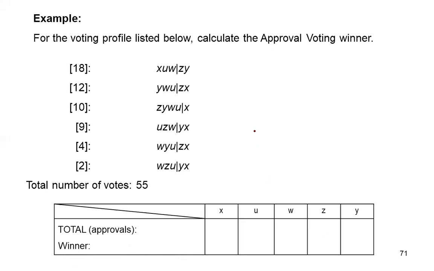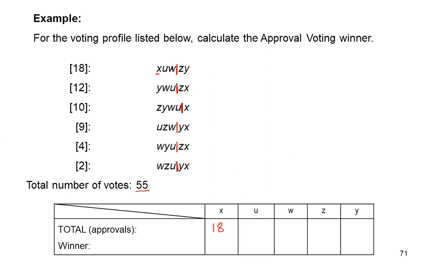All right, so now let's go back to our voting profile. We have 55 voters and 55 votes. And let's assume that the approvals are distributed in the following way here. So now let's count the total numbers of approvals for different alternatives. For X, well, X gets 18 approvals here, and then everybody disapproves X. So 18.